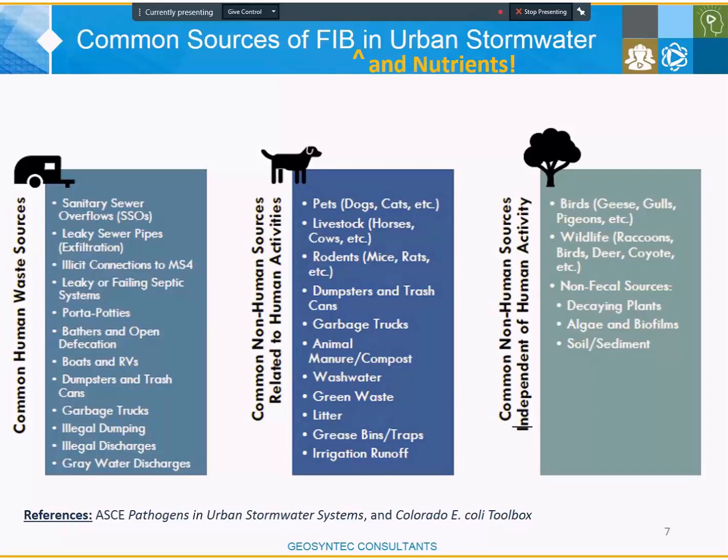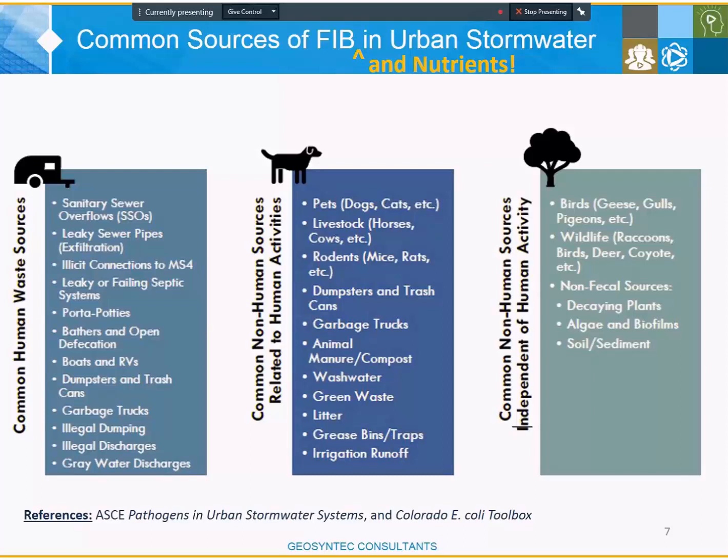And then things that are low controllability, low risk, and that is the non-human sources that are independent of human activity. And those include, besides wildlife and birds, the large amount of environmental sources of fecal indicator bacteria, which may constitute the majority of fecal indicator bacteria loading in watersheds in wet weather.